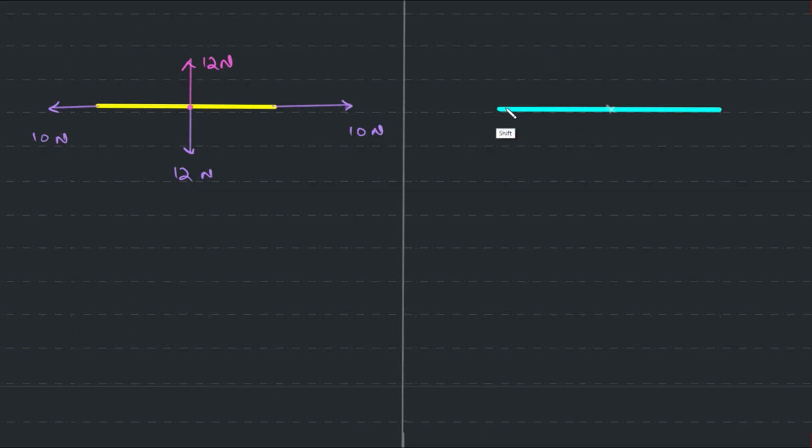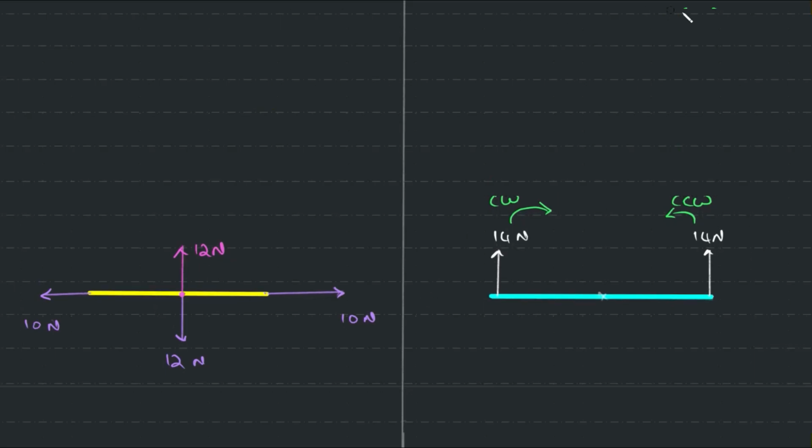If I apply a force over here, say 14 Newton, and at the same time I apply a force over here, 14 Newton, this one tries to make it go clockwise and this one tries to make it go counterclockwise. So these are your examples for translational, and this is for rotational equilibrium.